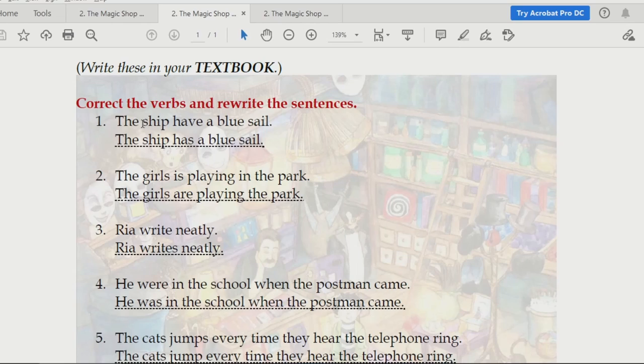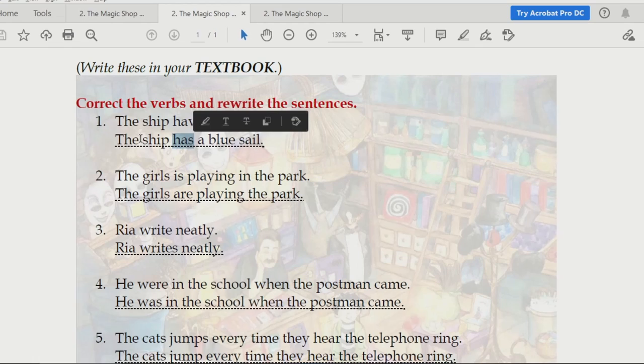We are not talking about more than one, we are talking about only one. The ship, it is not saying the ships. The ship have a blue sail, and the word have is in the plural form. So this is a wrong word over here. You have to replace this and write the ship has a blue sail.